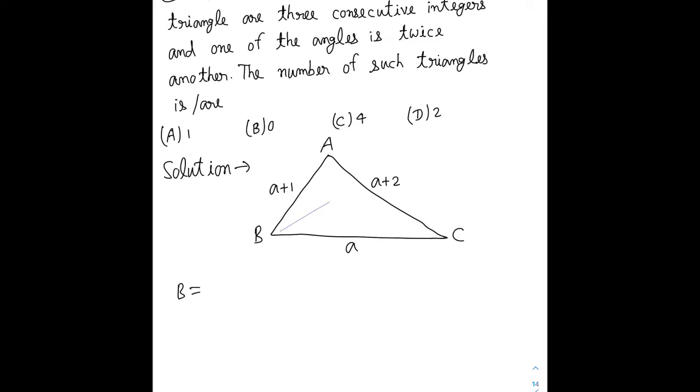So which is the largest angle here? So that is the angle B. Why? Because a plus 2 is the largest side, then the angle opposite to it would be largest. So either B can be equal to 2A or B can be equal to 2C. Both are possible. So we can take the case either B equal to 2A or B equal to 2C.